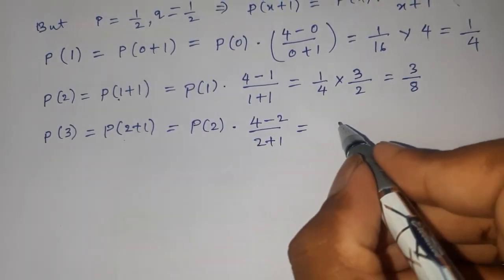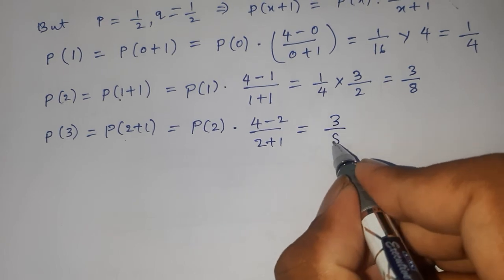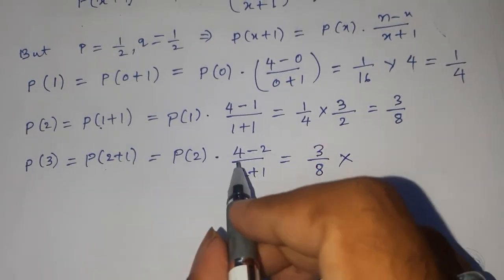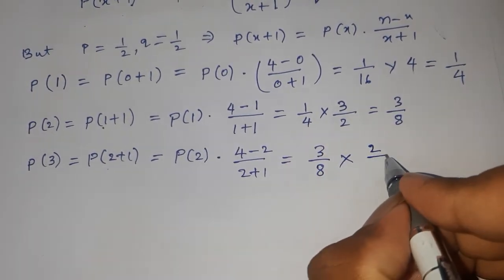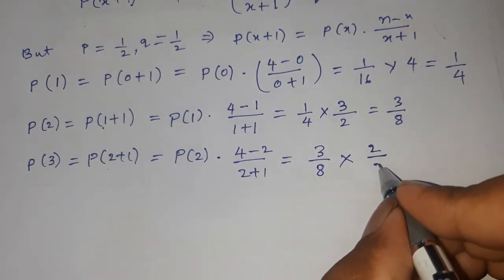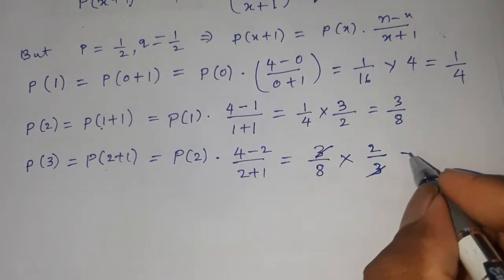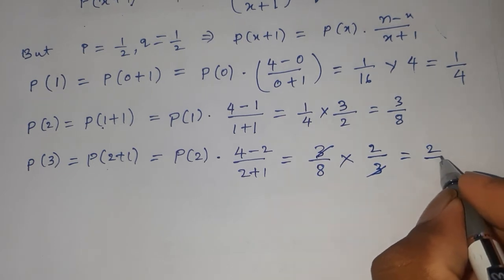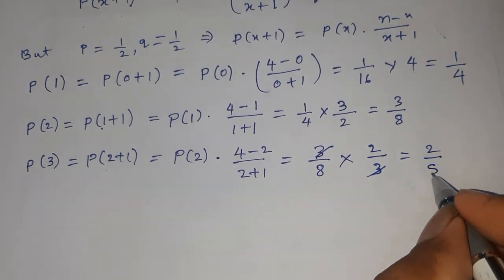Here p of 2 is 3 by 8. 4 minus 2 is 2, 2 plus 1 is 3. The 3 cancels, and its value is given by 2 by 8.